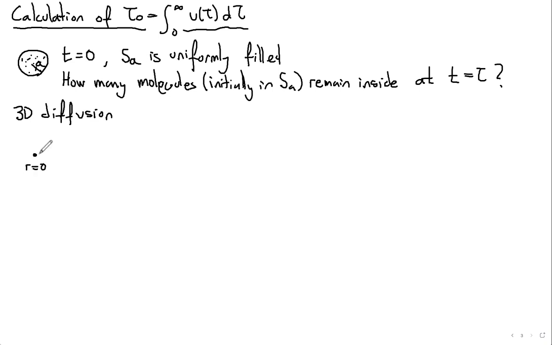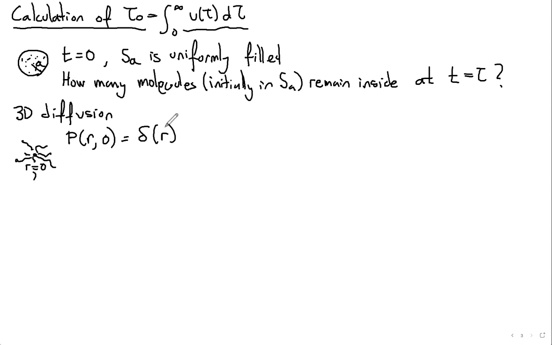Okay, so we can think about, for example, if you put a source of molecules at r equals 0, where r now is the radial coordinate. So if you start like this, at time 0 all my molecules are at the origin. It will be a delta Dirac at r equals 0. Then you know that the molecules will start diffusing, and this diffusion will generate a Gaussian profile, as you know. It will be a Gaussian profile in 3 dimensions.